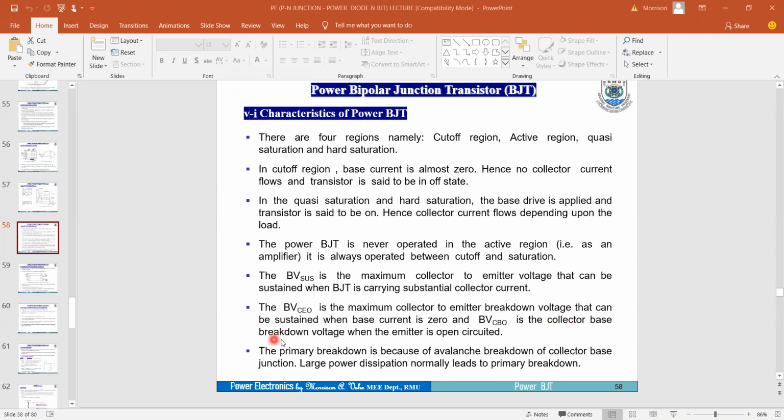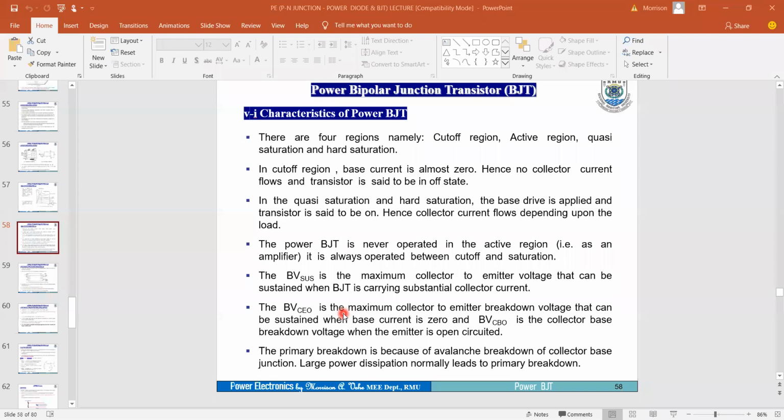That's why we are introducing the cells and so on and so forth. So that can be sustained when the base current is 0. And the BVCBO is the collector base breakdown voltage when the emitter is open circuited. Okay. So these are some other parameters that are introduced in the power BJT to make it different.